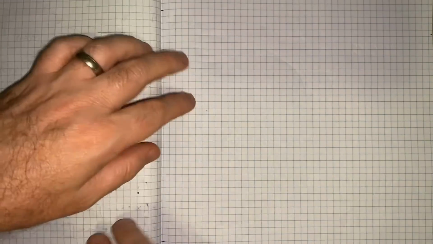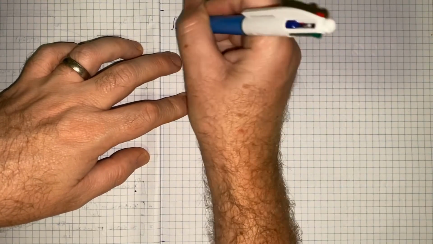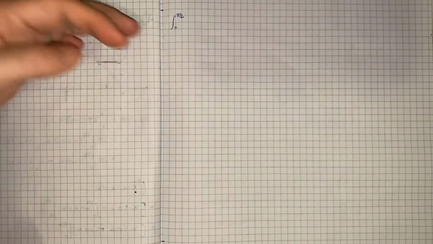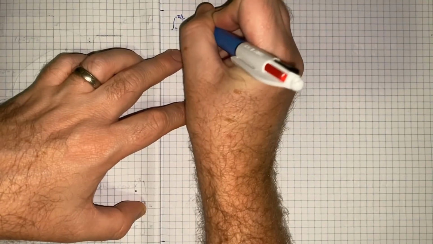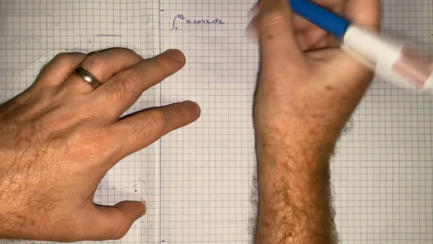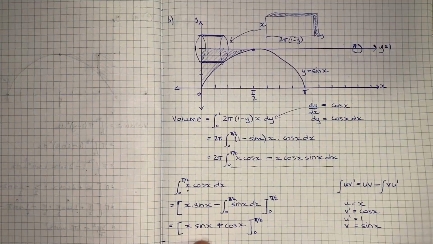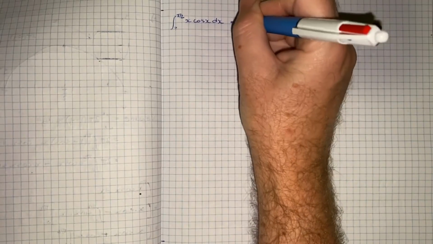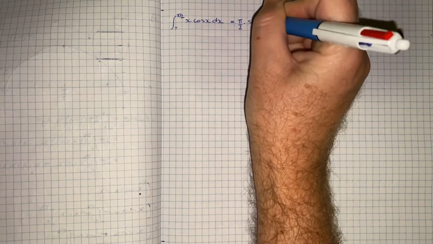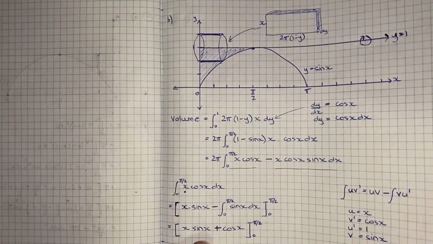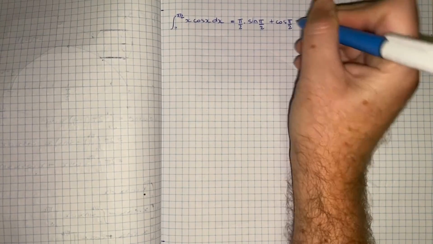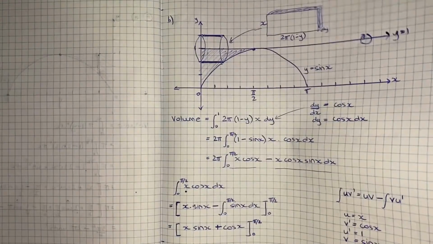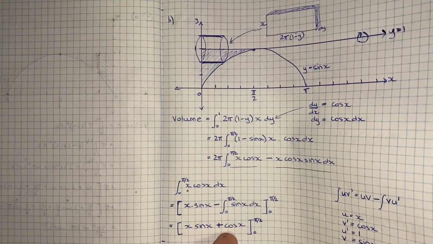So we're going to say the integral from 0 to pi on 2 of x cos x dx. That's going to be equal to, and we'll have pi on 2 times sine pi on 2 plus cos pi on 2, minus 0 plus cos 0.